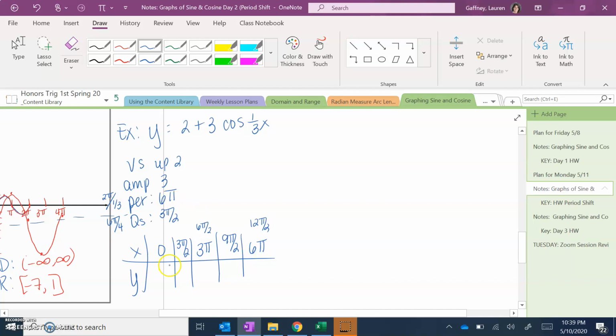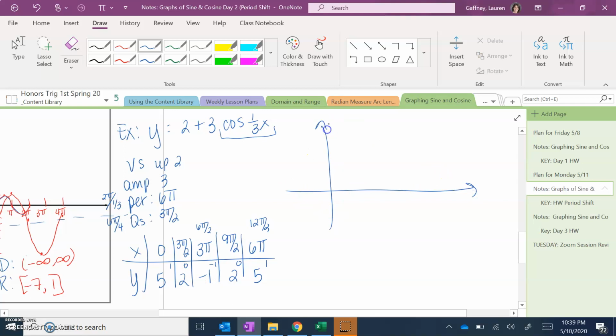Values of cosine are 1, 0, -1, 0, 1. So if my trig function comes out to 1 times 3 and then plus 2, this should be 5, and then so should this one. If this is 0, this whole thing's 0, and I just get 2. If this is -1, we have -3 plus 2, so -1.